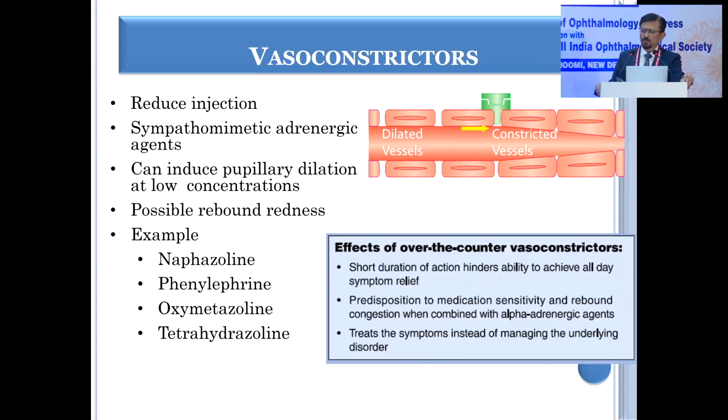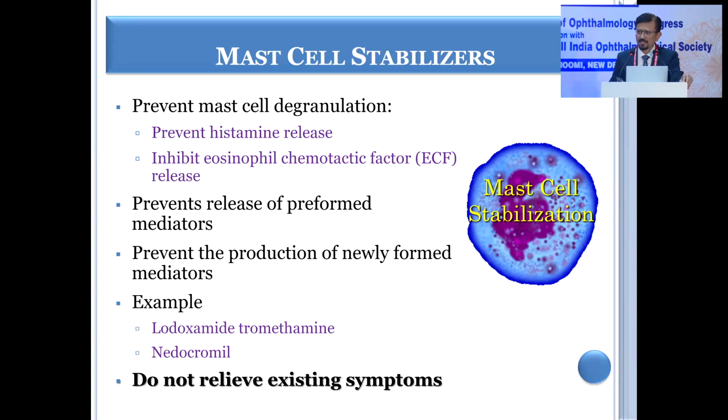Then we also use vasoconstrictors like naphazoline, which is sometimes useful for symptomatic relief. Many times with these patients, you have to take care of the allergy and also of these vessels. These vasoconstrictors prevent the increase of inflammatory mediators there, like naphazoline, which has been used for decades now and which still holds true.